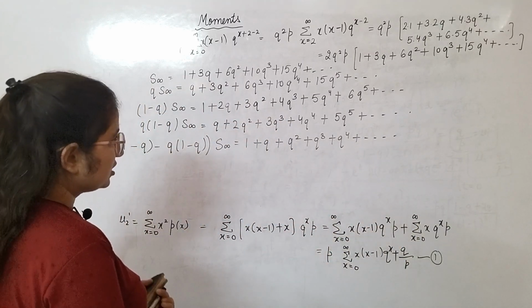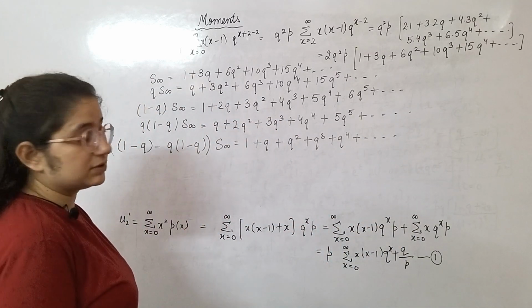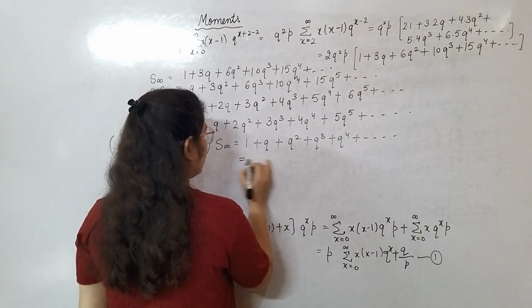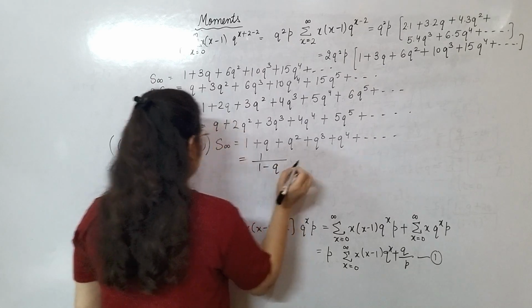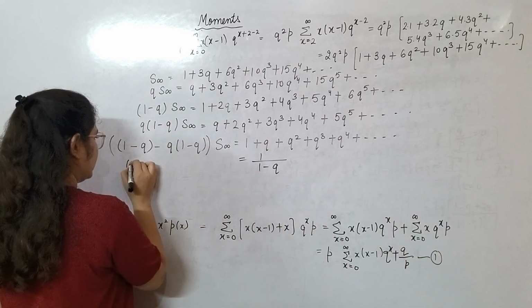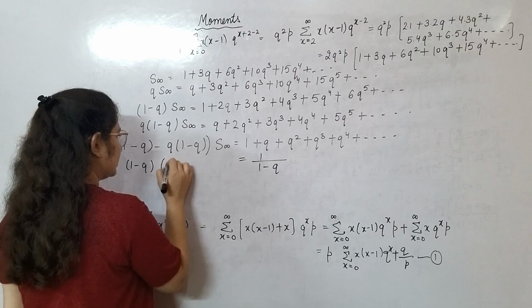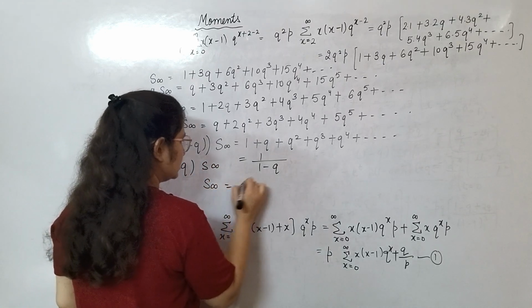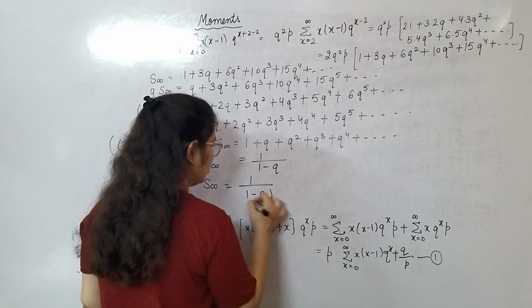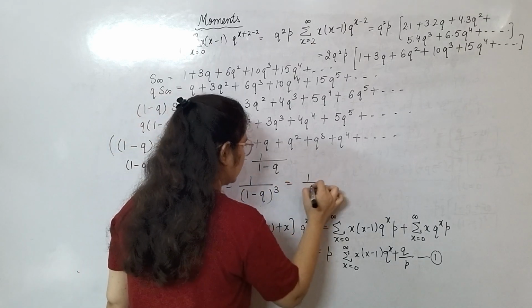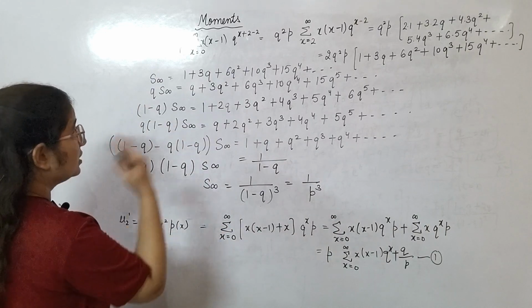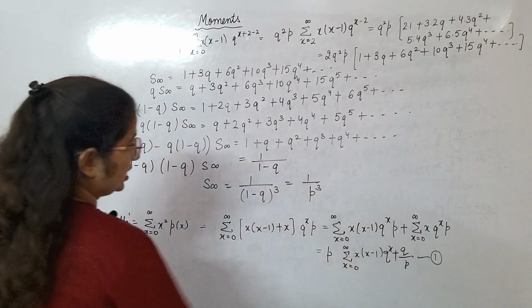Okay, what is the sum of this infinite GP series with common ratio q? That will be a by 1 minus common ratio. From here I am taking 1 minus q common, so 1 minus q whole square into s infinity is equal to 1 upon 1 minus q, so s infinity is 1 by 1 minus q whole cube, which is 1 by p cube.